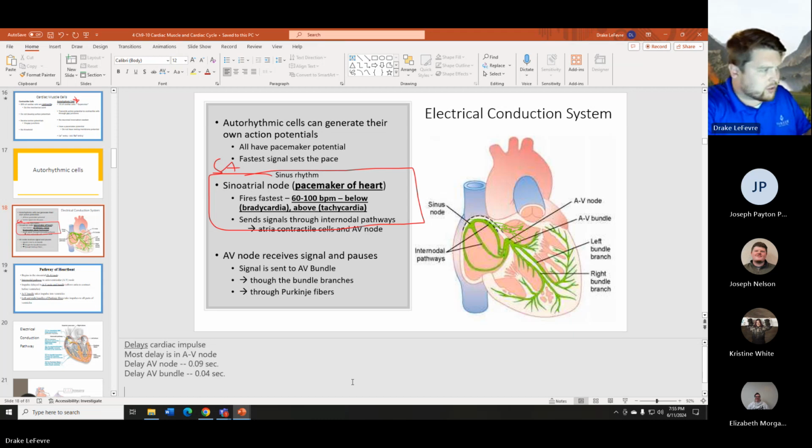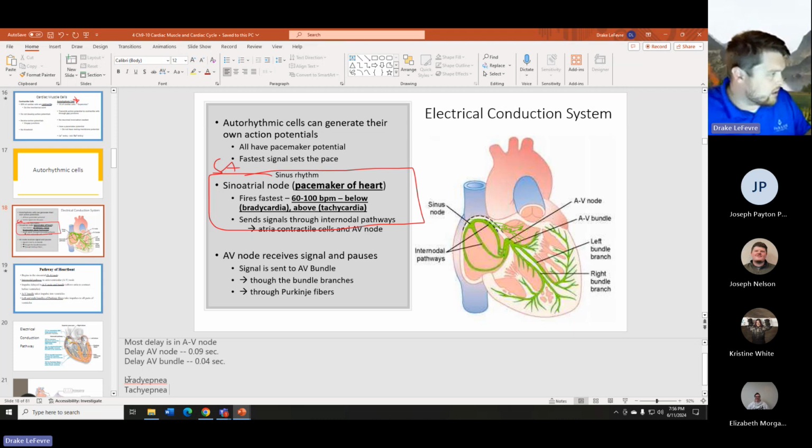Eventually, later on, we'll also talk about bradypnea and tachypnea. Let me see the spelling on that. I think it's just pnea. Tachypnea, bradypnea.